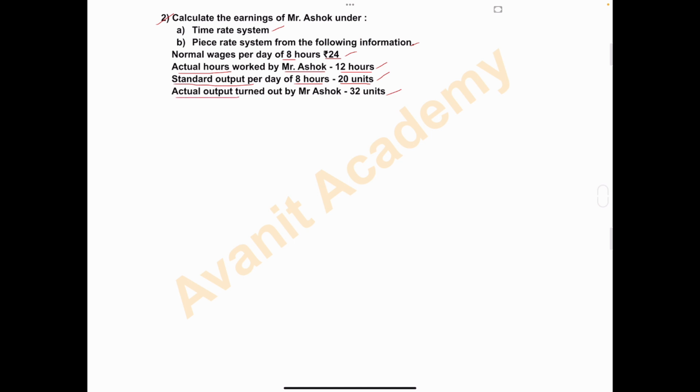The actual output turned out by Mr. Ashok is 32 units. So by taking all this information, we have to calculate the earnings of Mr. Ashok under time-based system and piece rate system. Let's start the solution.